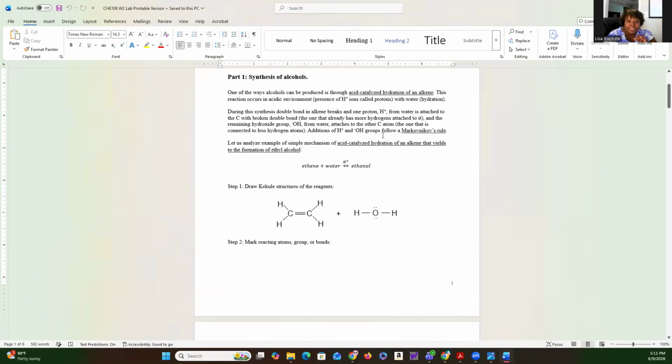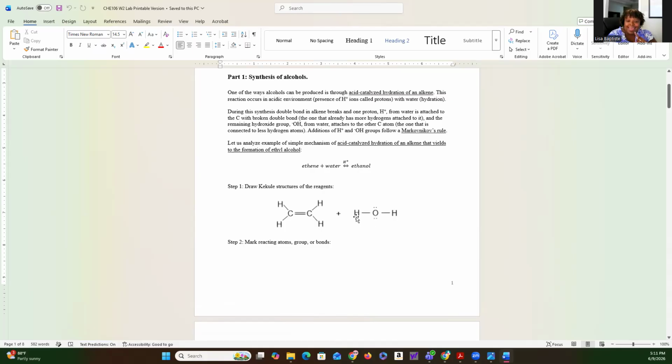So this one, the synthesis of alcohol, we saw this in the text, and I said we will see it in lab as well. So when we are forming alcohols, we follow the Markovnikov rule, and what that tells us is if you're looking at water, one of the hydrogens on the water is going to connect to a carbon, and the OH group is going to connect to a different carbon.